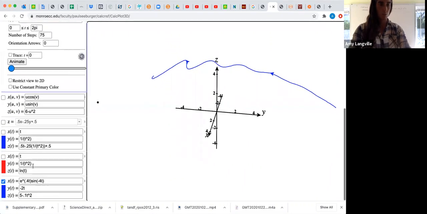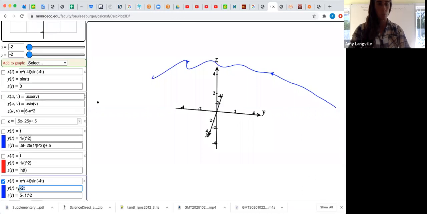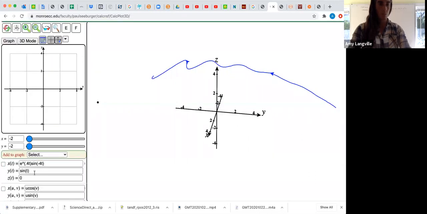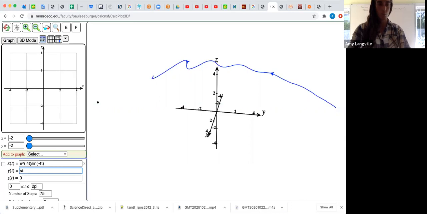Second component of the space curve was -2t. And the last component, the z component, was 5 minus 0.1t squared. However, we want this blue space curve, which has some height, some z values, to actually be projected down into the XY plane.